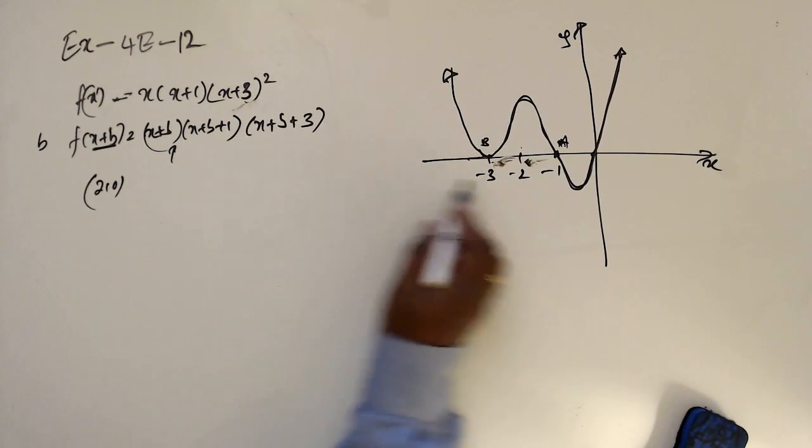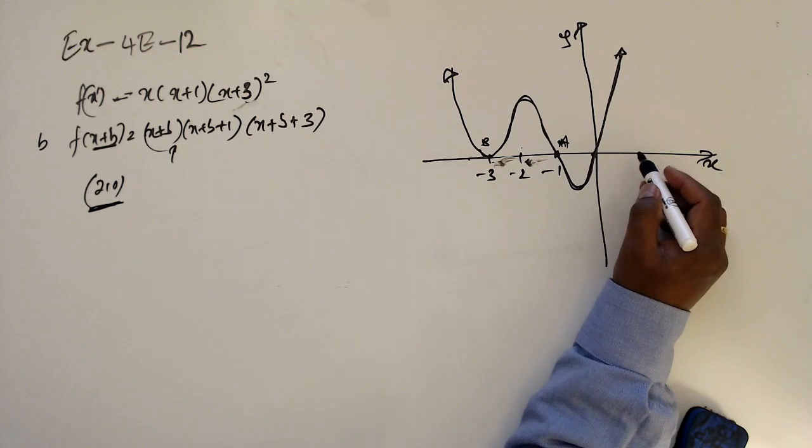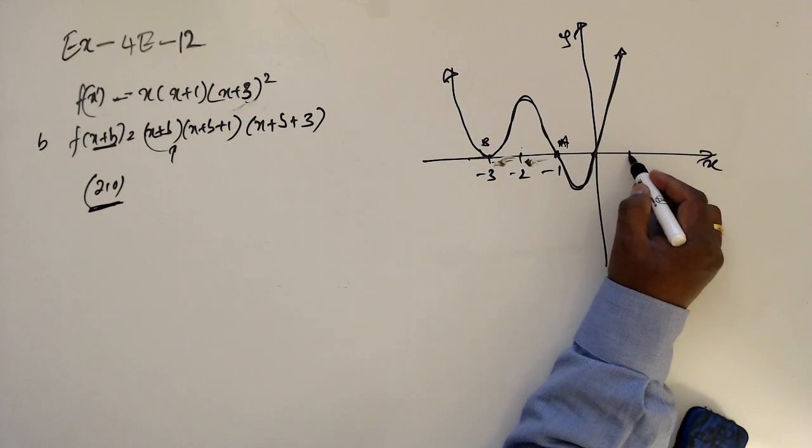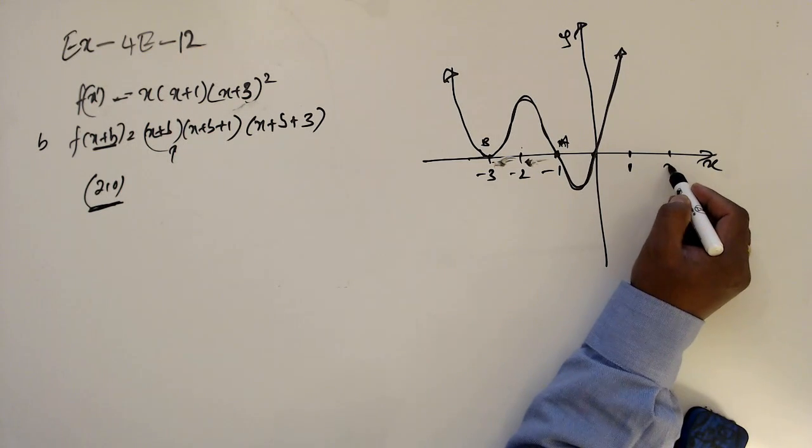Actually it is not minus 2. Actually, we need (2, 0). Now we look at 0, 1, 2: (2, 0).